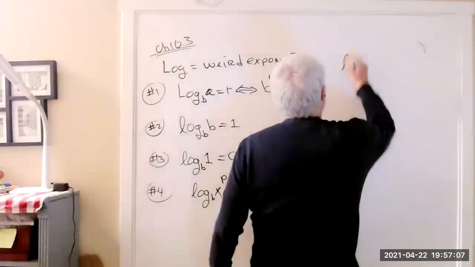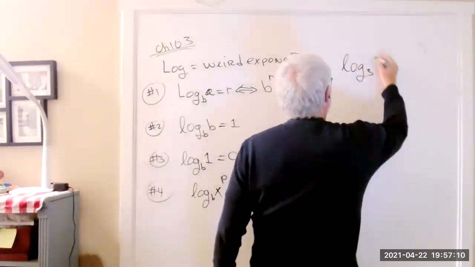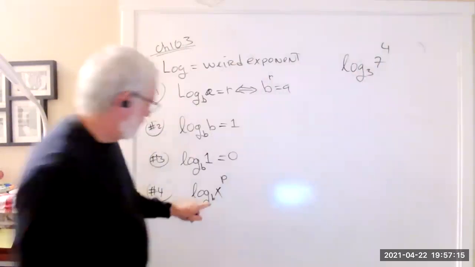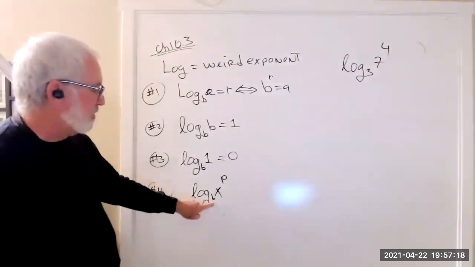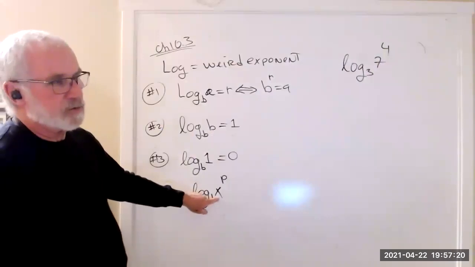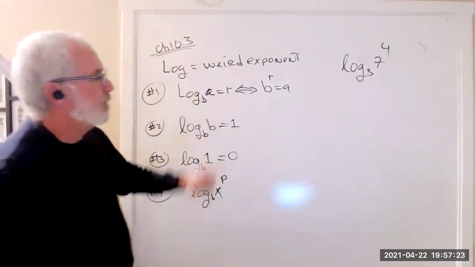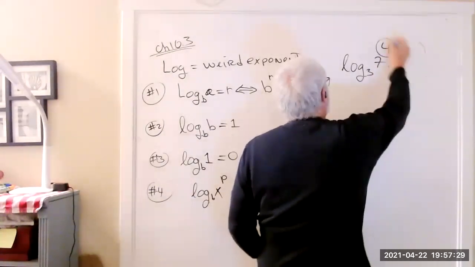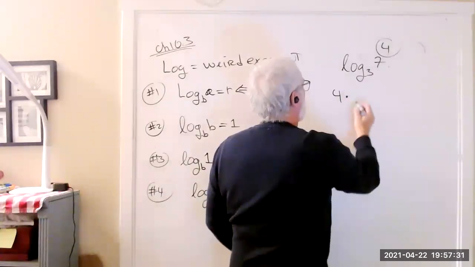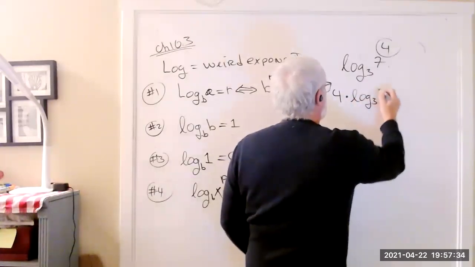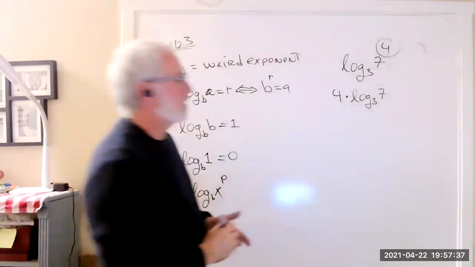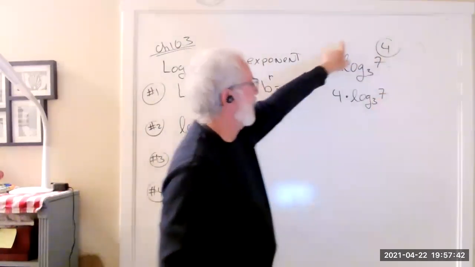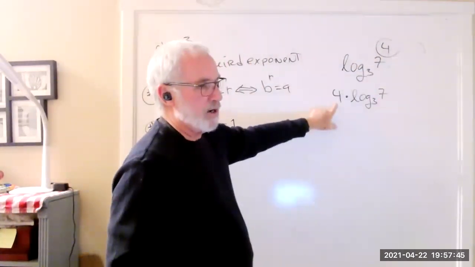Example, suppose I had log base 3 of 7 to the 4th power. Regardless of the base, you've got some number there raised to a power. This is known as the power rule. You're allowed to pull this power out in front as 4 times the log base 3 of 7. The power rule for logarithms says you're allowed to pull the power out front as a multiplier.